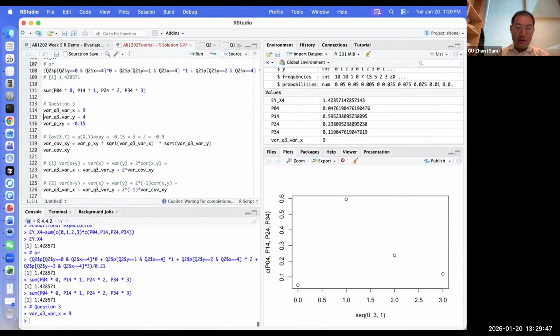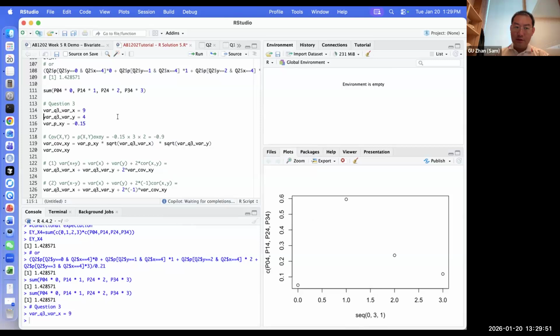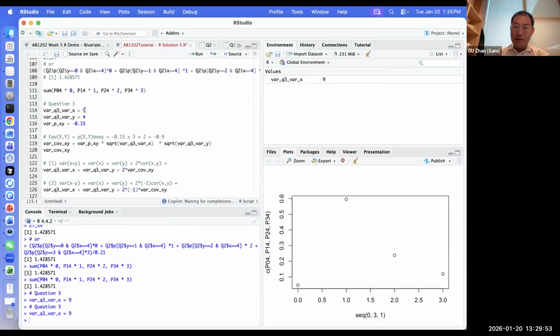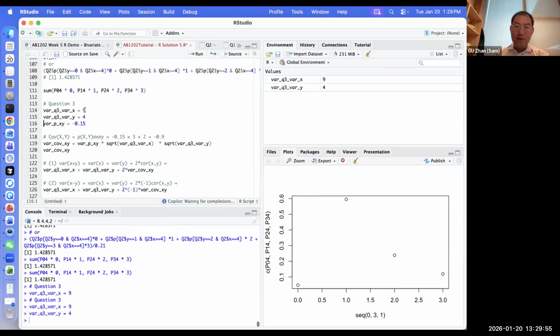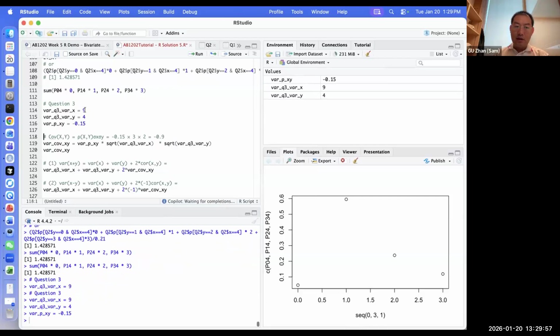So variance x is 9. Okay, let me clear everything. Variance x is 9 for Q3. Variance y is 4. The rho xy is minus 0.15. So next, covariance xy is rho xy times sigma x times sigma y.